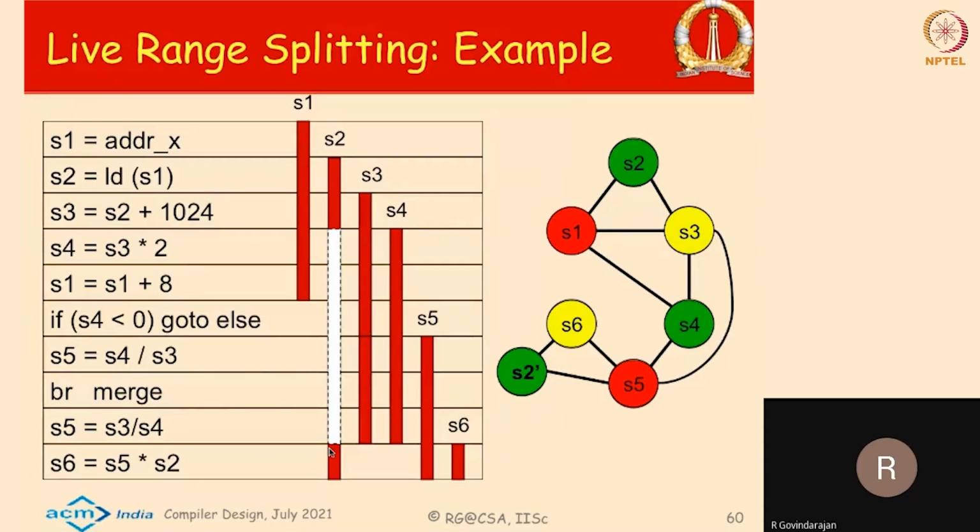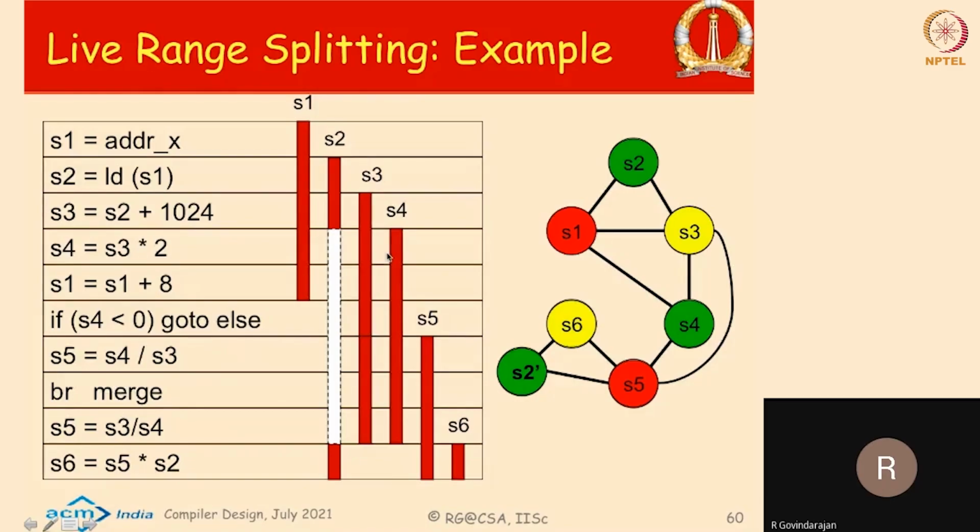Of course, in this case, you are not defining the variable in multiple places, but I have split the live range, right? And I'm talking about assigning possibly 2 different registers for the same variable. And in between the place where it is not used, I'm actually making use of that register for some other variable.